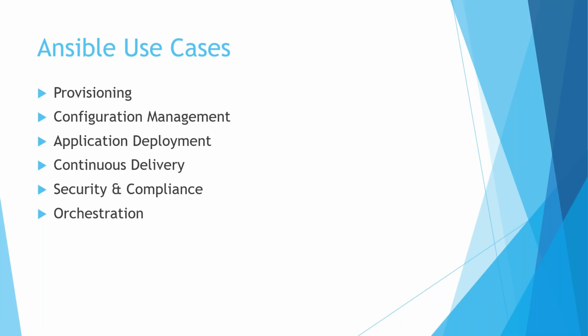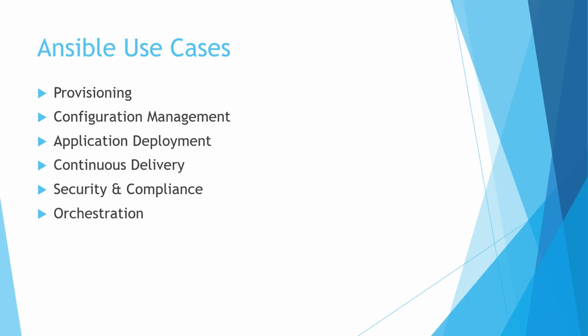Now you can use Ansible for ad hoc use cases. You can use it as a way to quickly run commands across hundreds of servers and collate the results. But the most typical way to use it is that you have playbooks, and you have these playbooks in source control, and this is how you manage your configuration, and this is how you manage your infrastructure essentially.